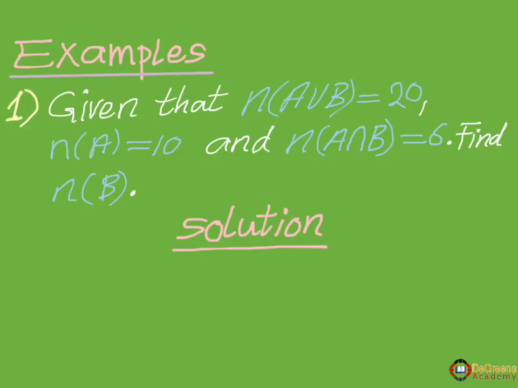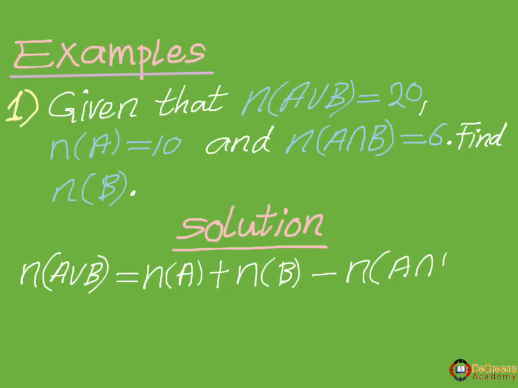So let's solve the problem. Quoting that formula, we simply have the cardinal number of A union B is equal to the cardinal number of A plus the cardinal number of B minus the cardinal number of A intersection B. But in the question, the cardinal number of A union B is 20.